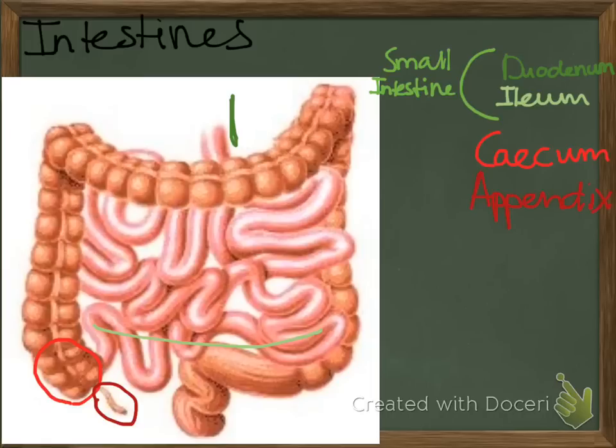This little worm-like thing hanging from our cecum is called the appendix. In humans, it doesn't have a real function anymore. Often, when someone says, ik heb een blinde darmontsteking, they think the cecum is called the blinde darm.